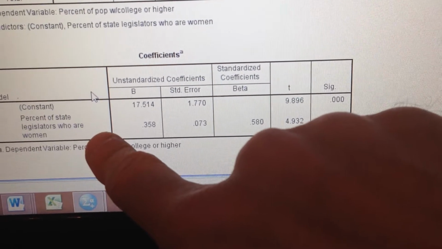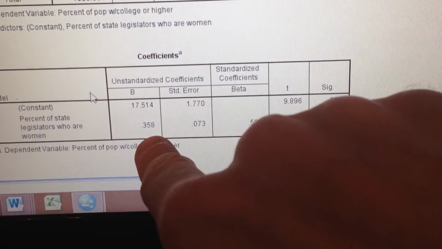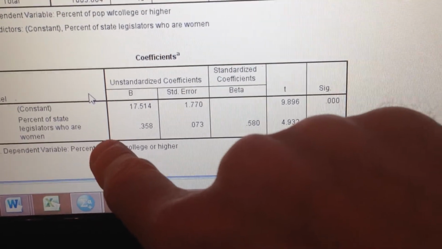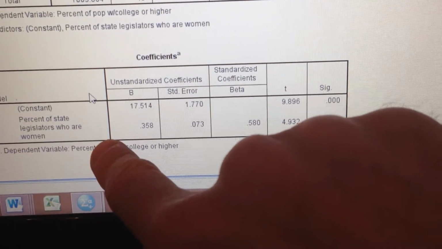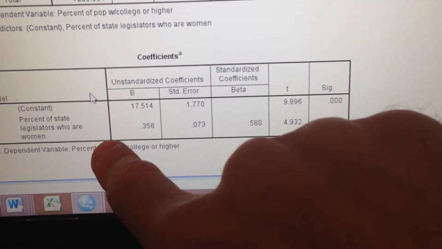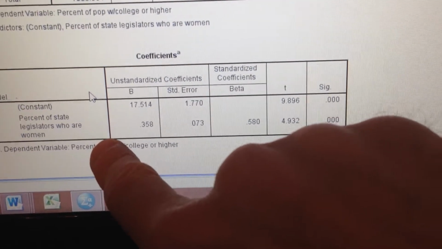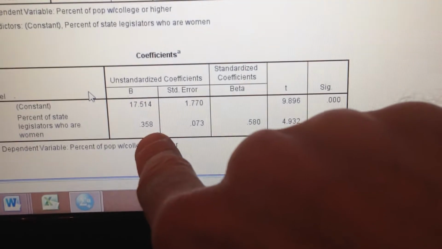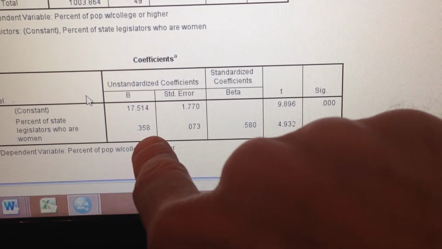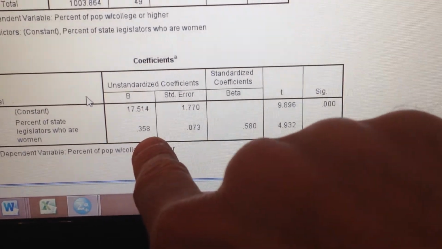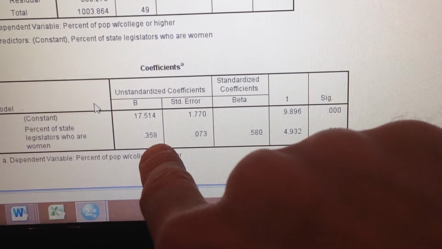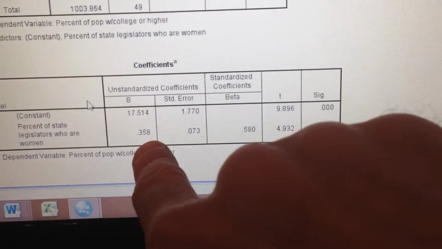So in this case, what SPSS is telling us is that for every 1% of a state legislature that is female, it will equal another 0.358% of a state's population that has a college degree. And again, this is all stuff that we did on Thursday.